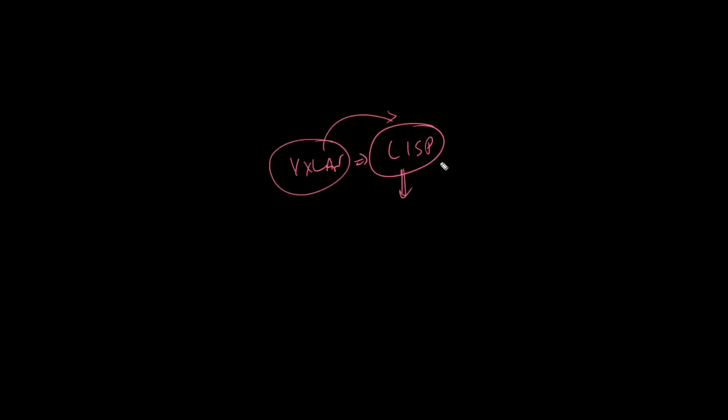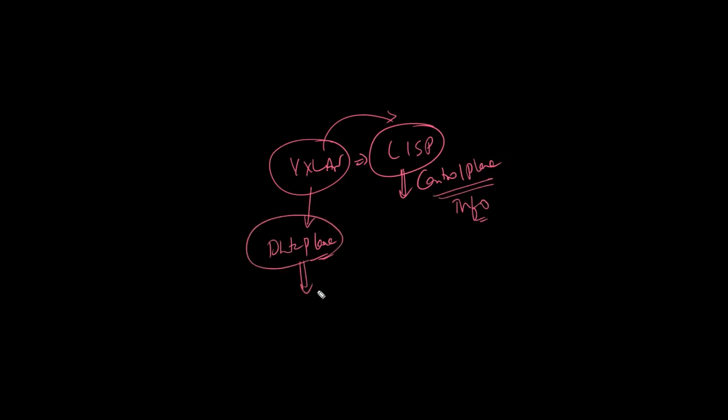So, to quickly summarize, VXLAN takes the help of the LISP protocol, which you have seen in the previous sections. They work with each other to facilitate communication, because you need the LISP database. The control plane information is required to make sure where exactly to forward. The control plane tells you how and where to forward, and the data plane actually forwards the packets.